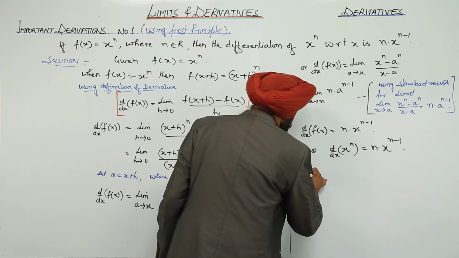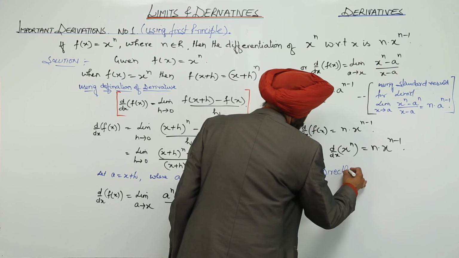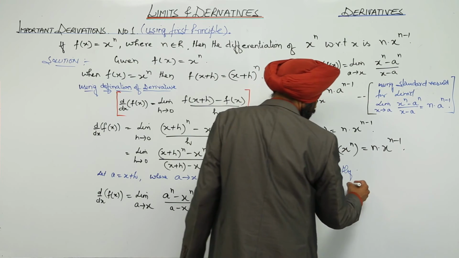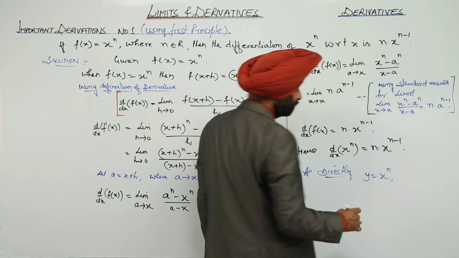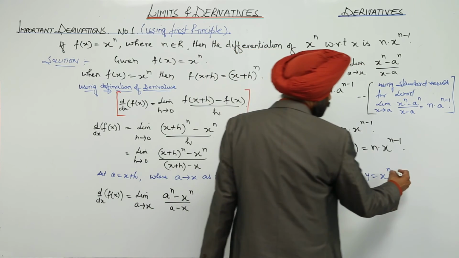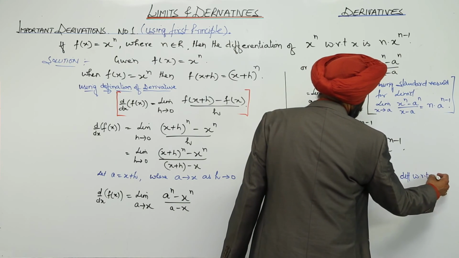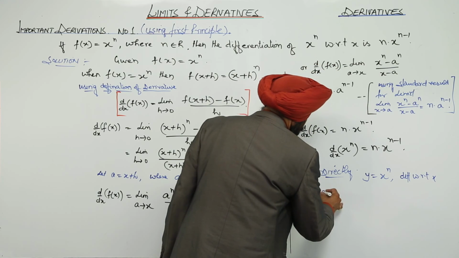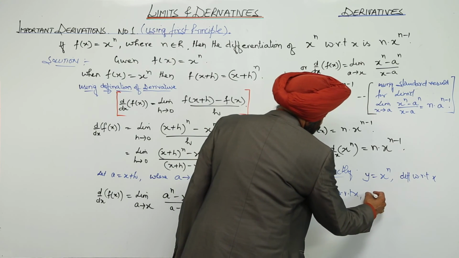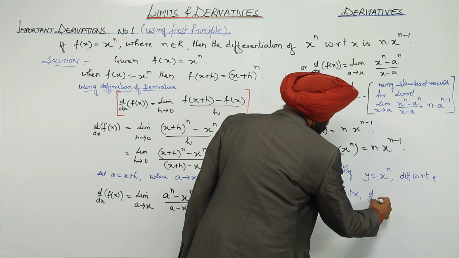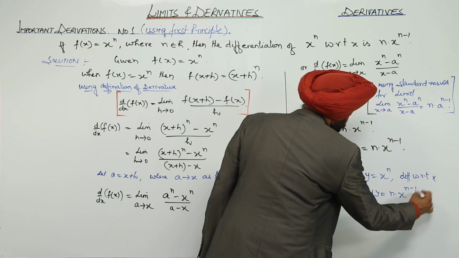Now directly, y is equal to x raised to power n. Differentiating with respect to x, what will we write? d by dx of y is equal to n times x raised to power n minus 1.